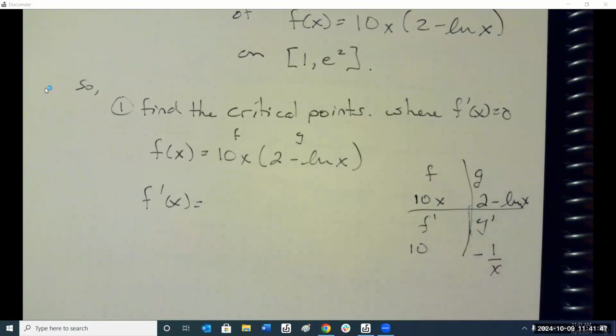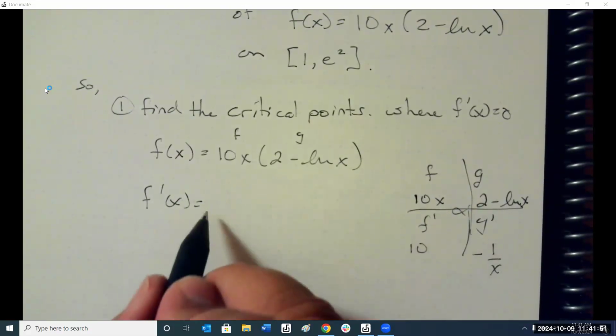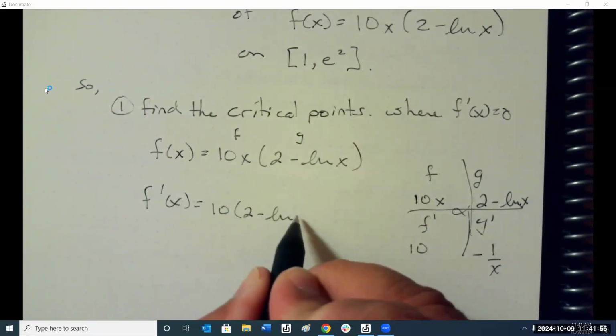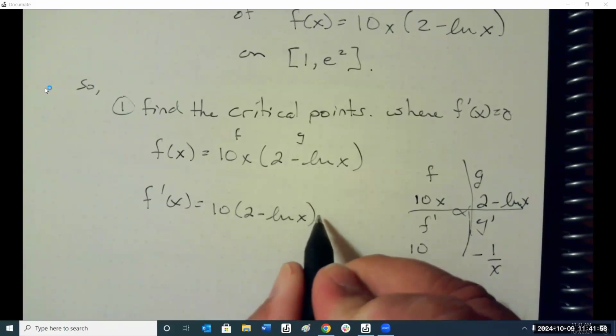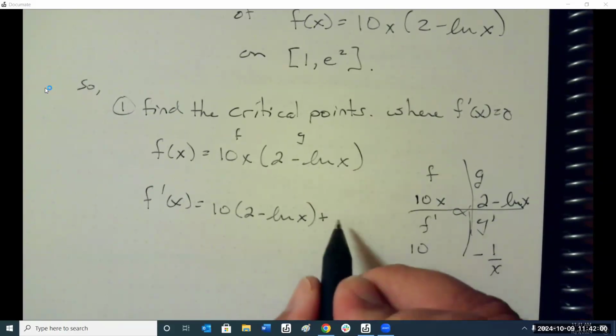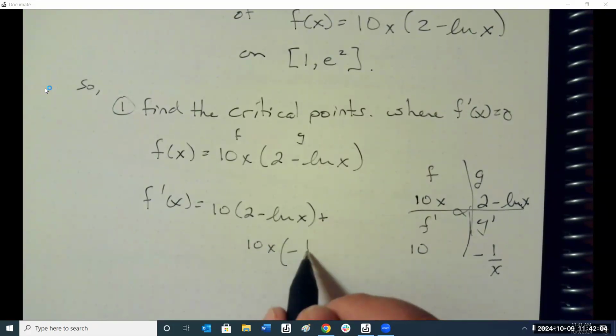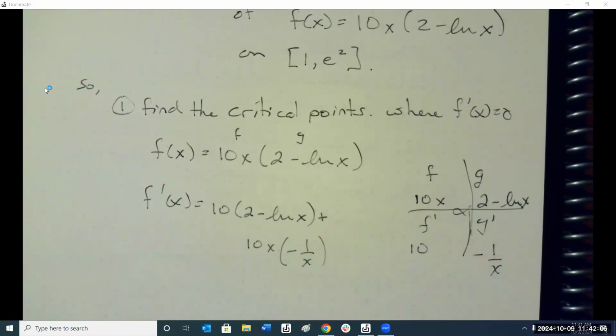We've got 10 times 2 minus ln x plus 10x times -1 over x.